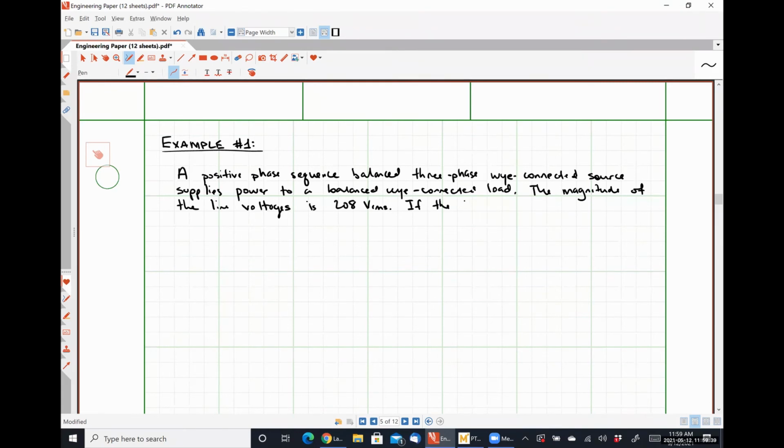If the load impedance per phase is 36 plus j12 ohms, determine the line currents if the angle for the A phase of the source voltage, angle VAN, is 0 degrees.